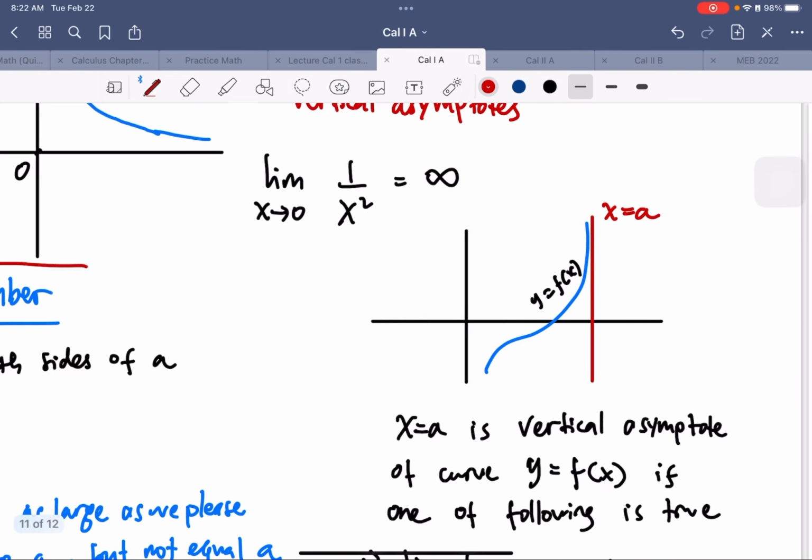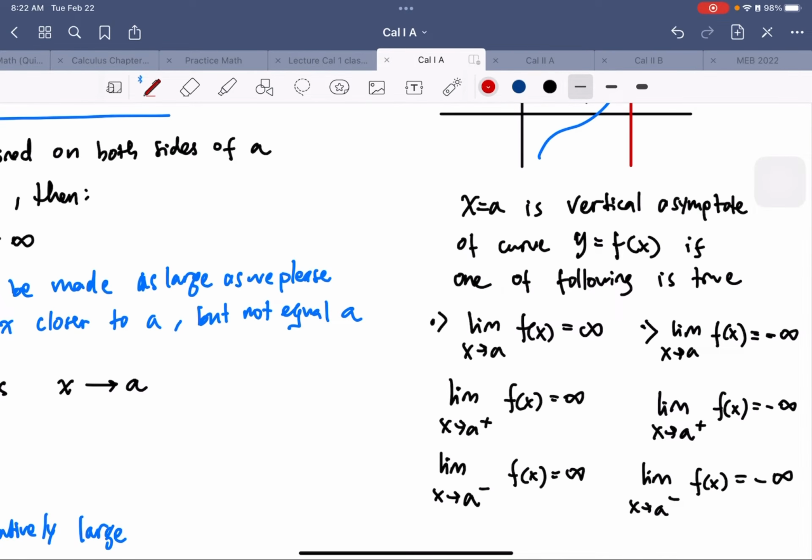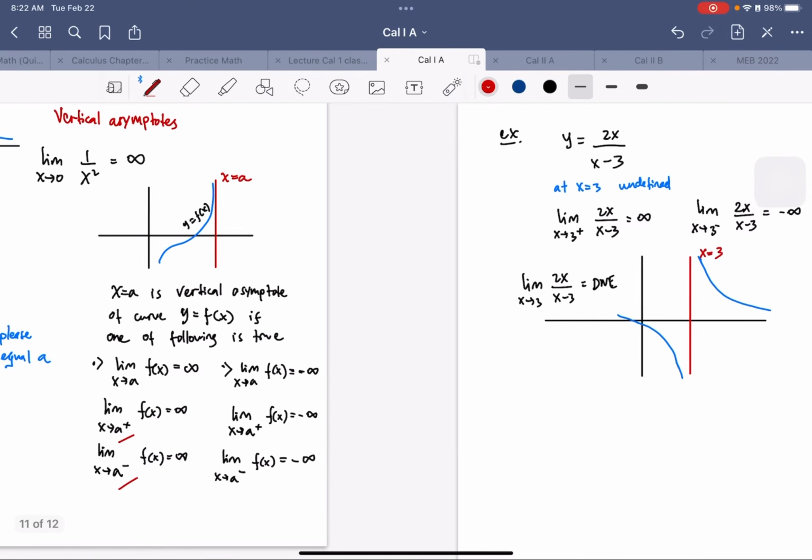Or if you look at the idea of the vertical asymptote, if one of the following is true, then of course it will be a vertical asymptote. You can approach from only one side, just the right side or the left side, and you will have the asymptote. So an asymptote doesn't need to be approached from both sides. If you have just one side, it's still considered an asymptote.